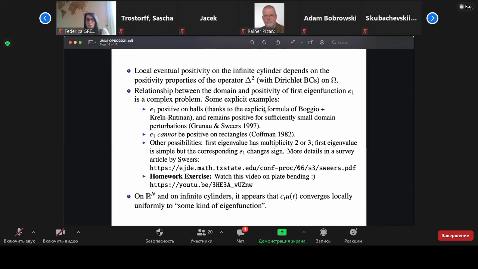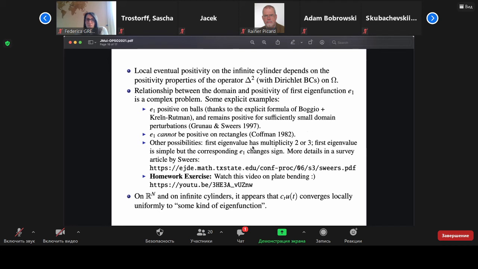To show that, we use the explicit formula due to Boggio from quite a long time ago, and we use the Krein-Rutman theorem as well. So there we have a strictly positive eigenfunction. And Grunau and Sweers, in a paper from '97, show that, in fact, you can perturb the ball slightly and the first eigenfunction remains positive.